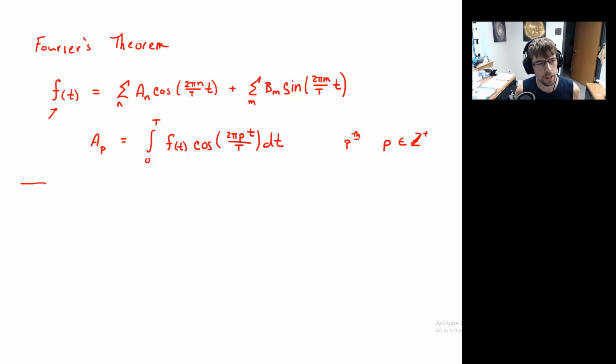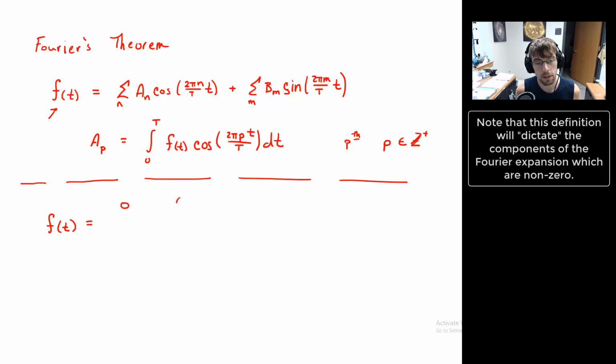So the first function I'm thinking of is what's called the square wave function. I will define the square wave, this function I'm interested in, as a piecewise function. Namely, it's going to be equal to 0 from t greater than 0 to big T divided by 2.